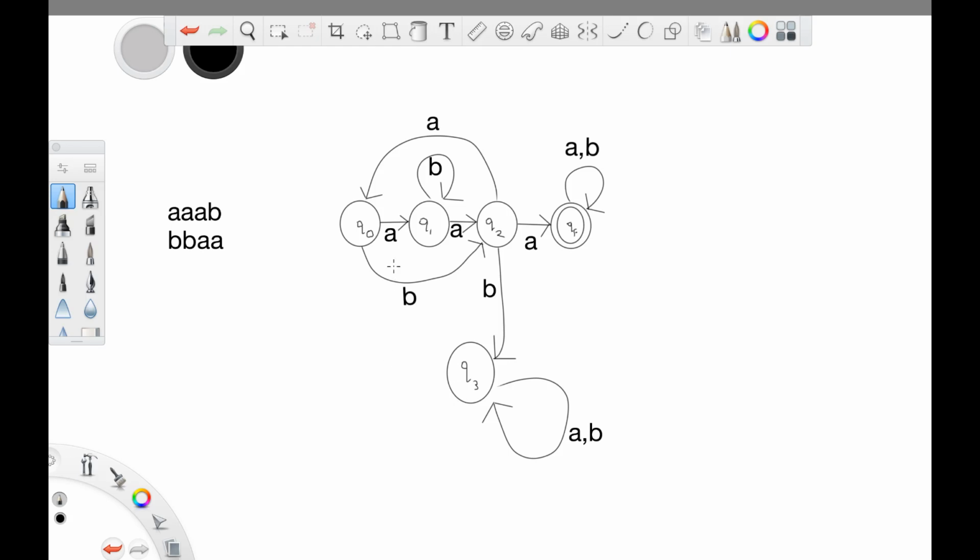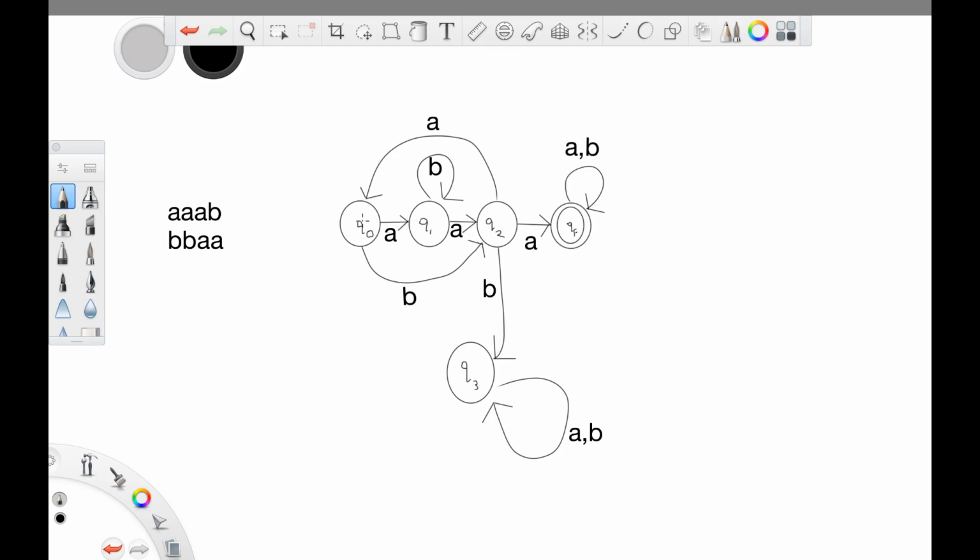So just roughly looking at this, we can tell that the language this DFA represents is any number of A's followed by any number of B's, or an A followed by any number of B's, followed by any number of A's, followed by any number of B's, and then any number of B's at the end can again be followed by A's, or it can be a mix of A's and B's.